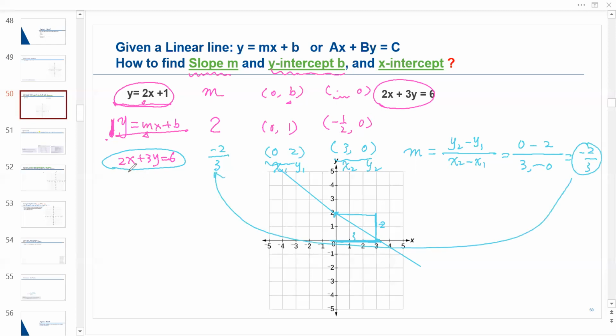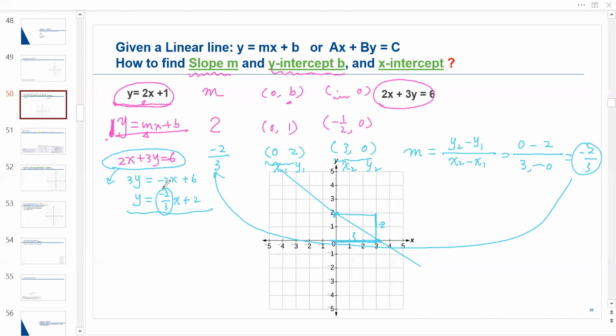Of course, you can also transform the equation here. Move 2x to the right, so you get 3y, and divide both sides by 3. You can see the slope of this one is also -2 over 3.